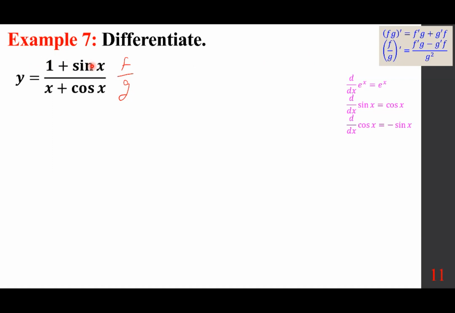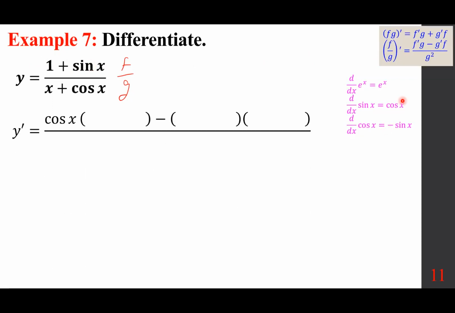And by the way, I have some of the formulas for you here. So I would write cosine x, f prime, then times g. Just write the bottom in here. Minus g prime.